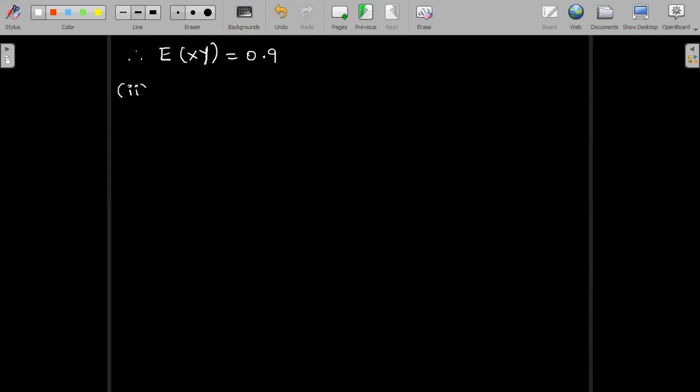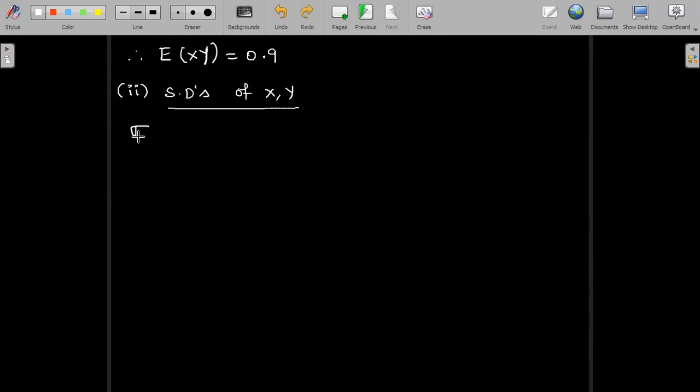Now the next part of the problem is to find the standard deviations of x comma y. This is what we have to find out. In order to find this, I'll start with the formula for sigma x square.